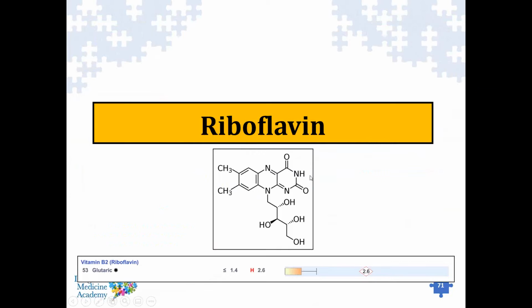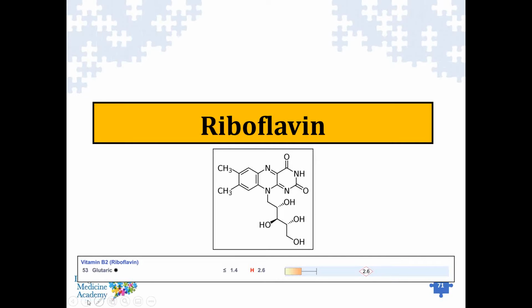And that's riboflavin. So one of the things I've talked about before in the basic OAT class is that under the nutritional markers section of the organic acid test, you will commonly see elevations of glutaric, which are linked to an increased need for riboflavin or vitamin B2.